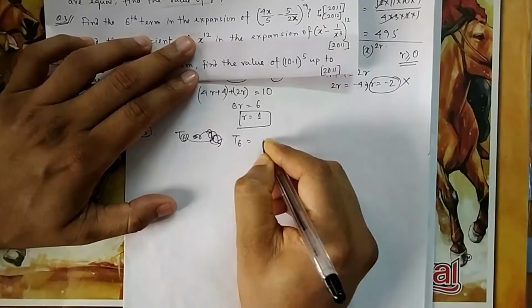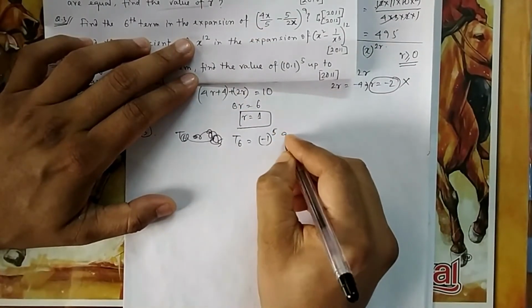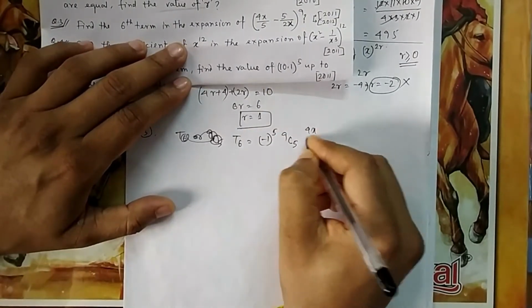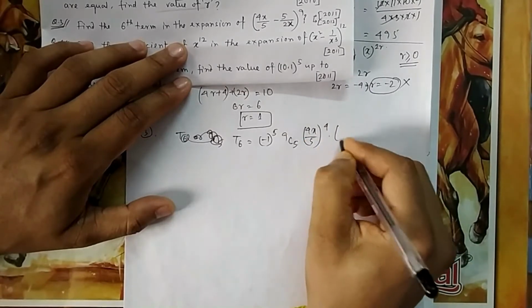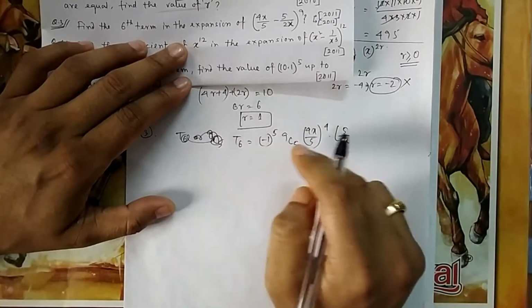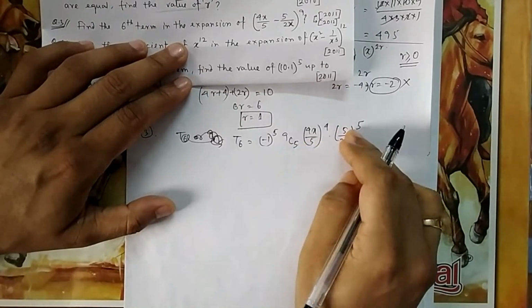T6 is equal to minus, because there is a minus, and it is 1 less than this, 9C5, then (4x/5)^(9-5), then (5/...), no need to put minus here because that minus we have already considered here. If you don't consider it here, then you put minus here, there is no issue. And there is 5, this directly comes here.